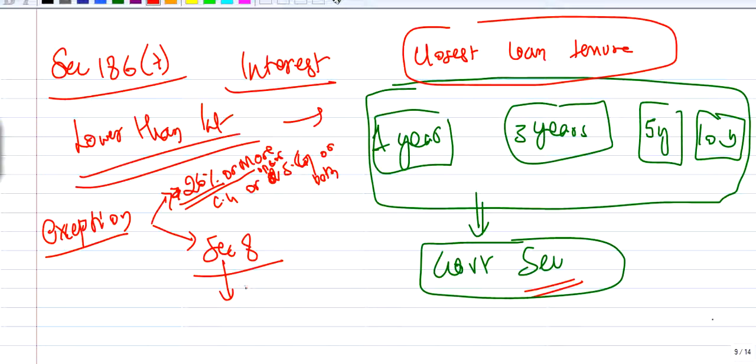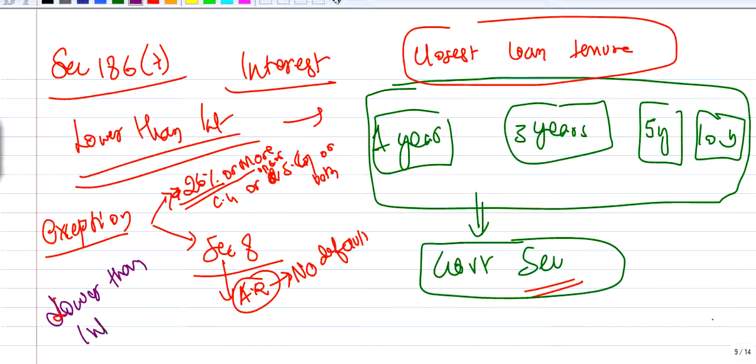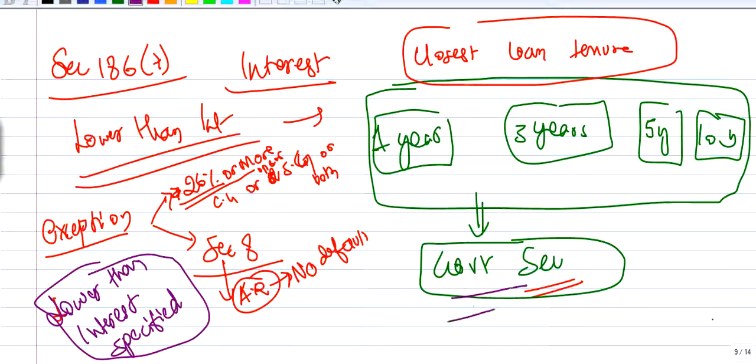But they have to file annual returns properly, with no default. In that case they can give a loan at lower than the specified interest. That is, whatever the government security interest is for 1 year, 3 year, 5 year, 10 year, closest to the loan term. I think this may be asked in the MCQ category.